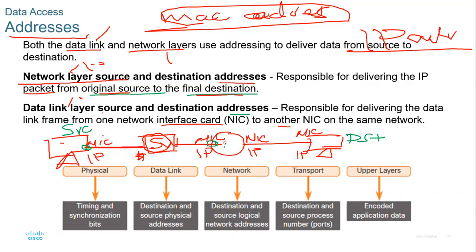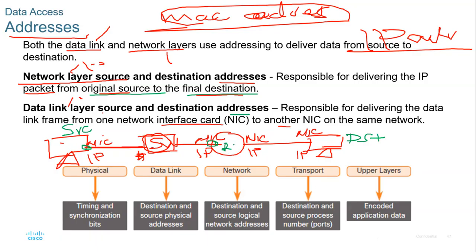Once this router receives the frame, this PC will do the encapsulation, and the router is going to do the de-encapsulation. Every time there is a de-encapsulation process, the old MAC addresses within the frame are replaced.